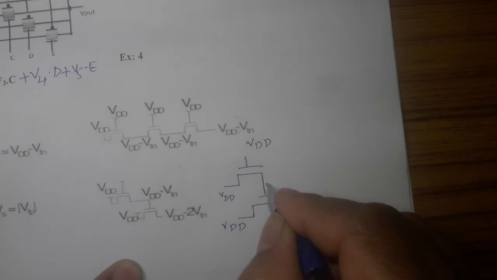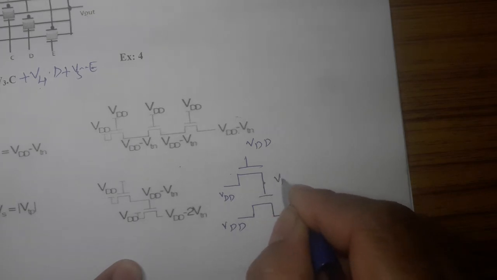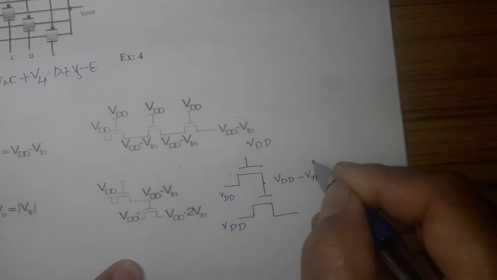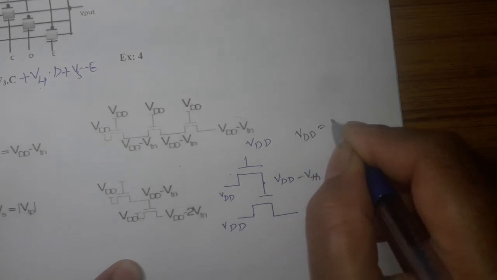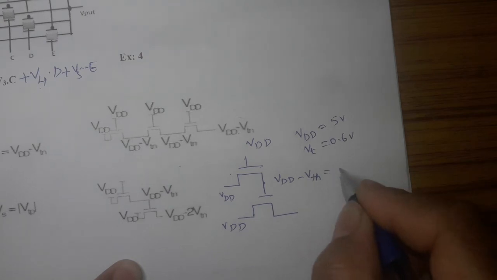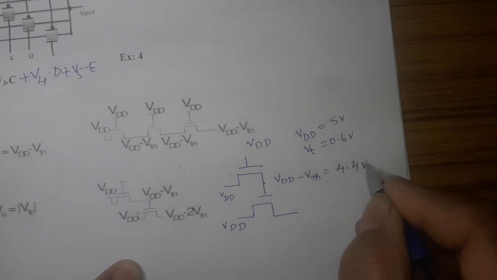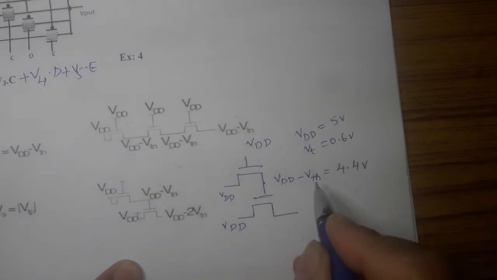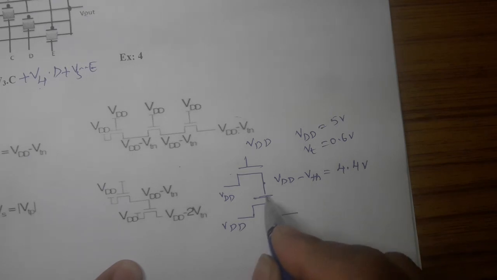I very well know that the output I get here is degraded by the threshold voltage. For example, if VDD is 5 volt and VT is equal to 0.6 volt, this will be 4.4 volt, correct? Now this 4.4 volt is driving another transistor, meaning the input on the gate is 4.4 volt, it is not 5 volt now.